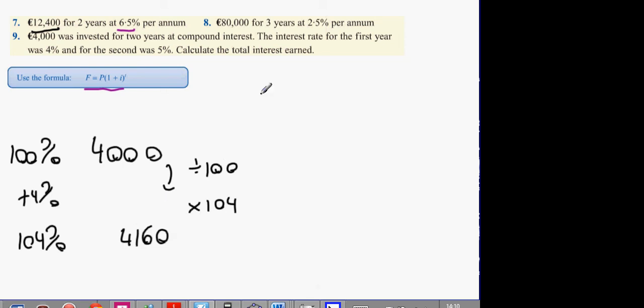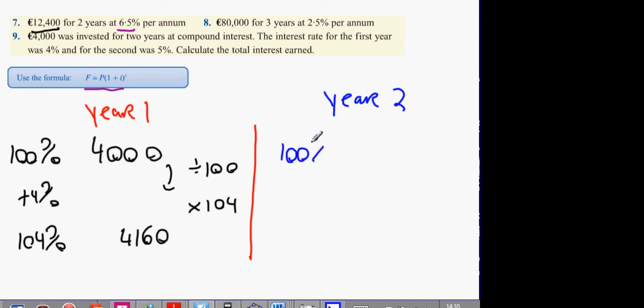Okay, now that's for year 1. That's year 1 on the left, and now we're going to do year 2 on the right. Year 2 on the right, you start off once again with 100%. 100% of your money at the start of year 2 is 4,160. You're then adding on 5%, so that means you're going to end up at 105%.